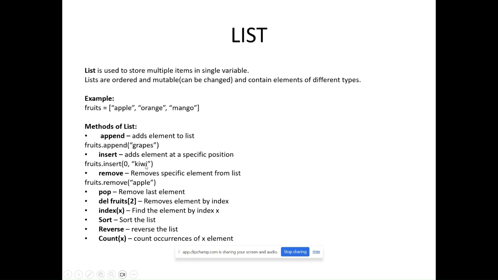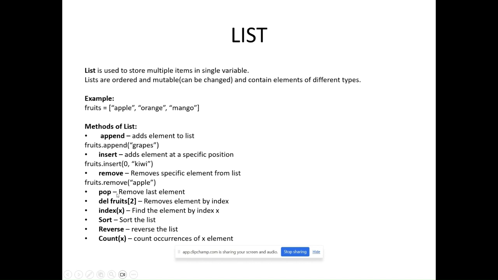Okay. And the remove method is used to remove a specific item from the list. You have to provide which item you want to remove as a parameter, and the remove method will remove that item from the list. The pop method is used to remove an item from the end. It will not take any parameter.